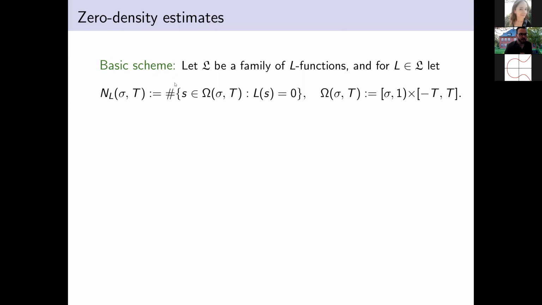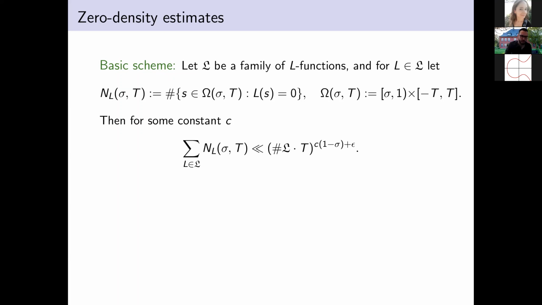What I want to do is, for each of these L-functions in my family, count the number of zeros in this box here. And if I do that, the basic output of a zero density estimate is going to be an estimate of this form that says that the total number of zeros for any L-function in my family can be bounded by something of this shape.